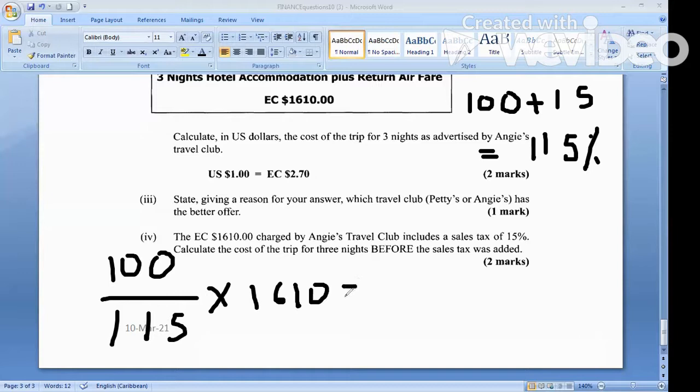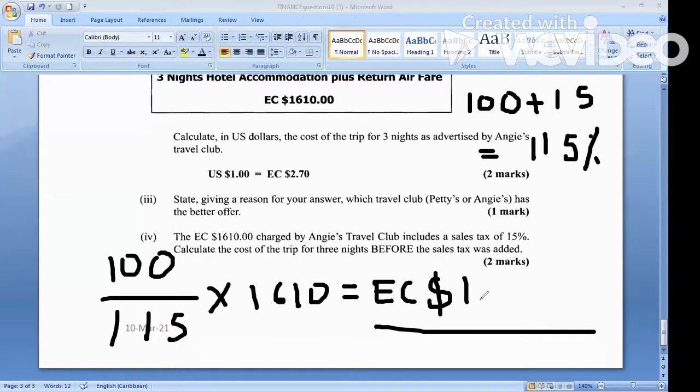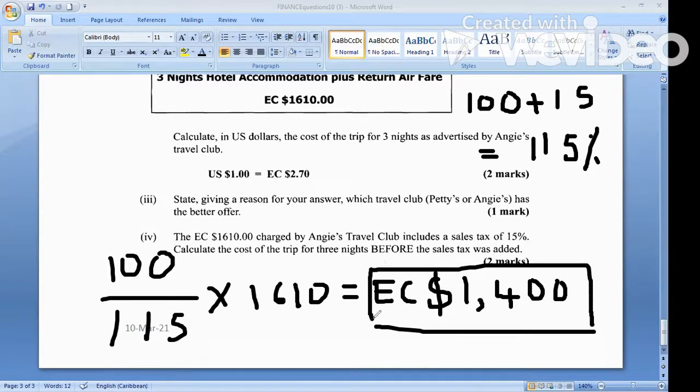That will give you the cost of the package before sales tax was added. Somebody compute that for me, please. $1,400. And if you want to check if your answer is correct, you see?